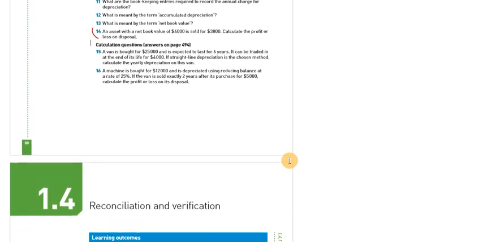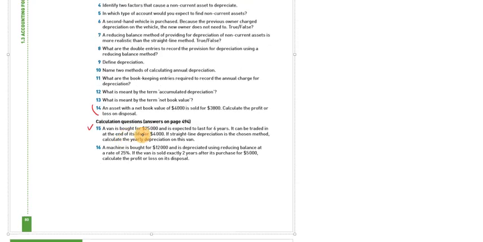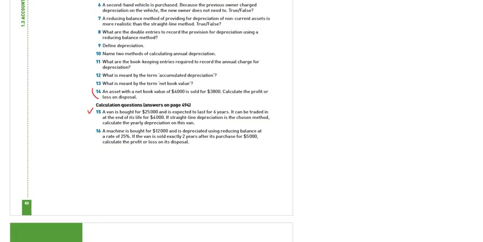Okay, so these are the remaining two questions. You can solve this one. Question number 15: you have to calculate the yearly depreciation on this van.